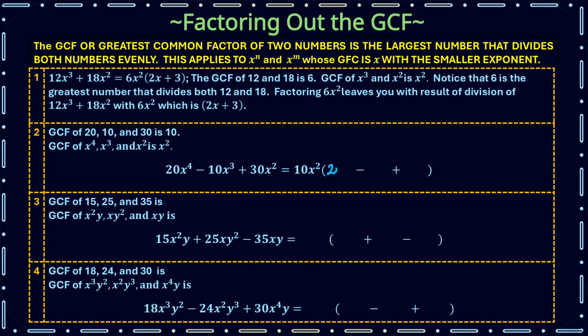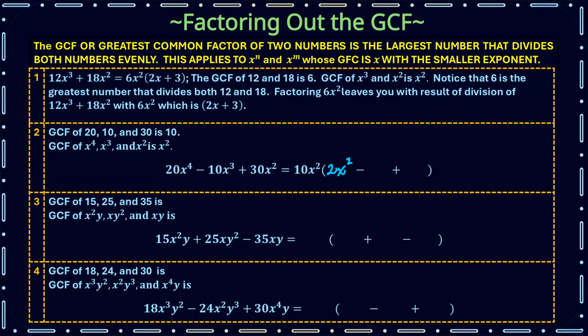That leaves you with x squared. When you are dividing two exponentials, you can just subtract their exponents. x to the 4 divided by x squared, you can do 4 minus 2. That leaves you with exponent 2. That's one of the exponential properties.